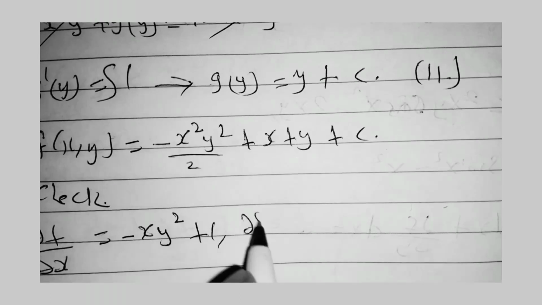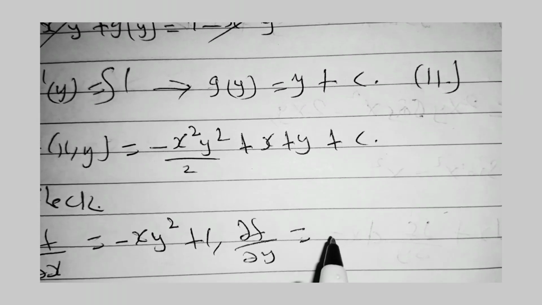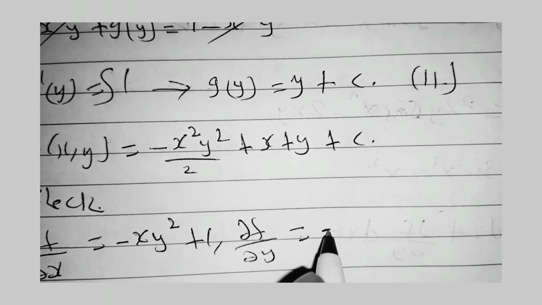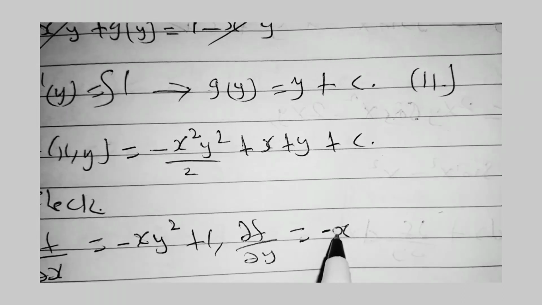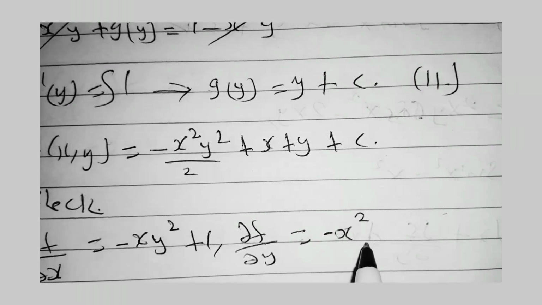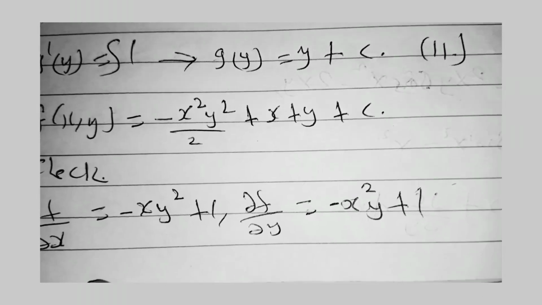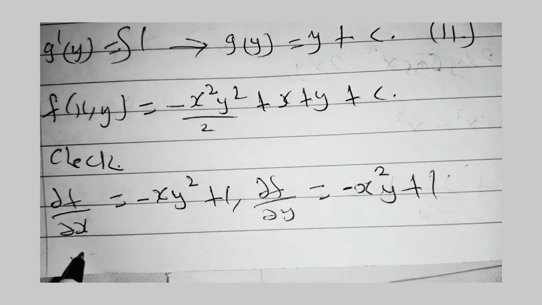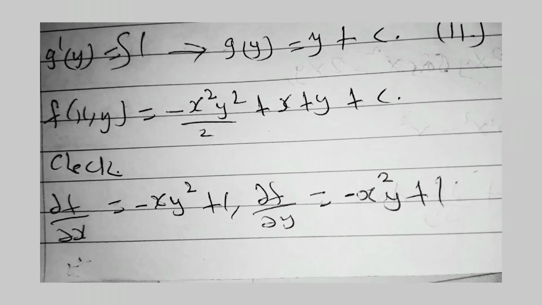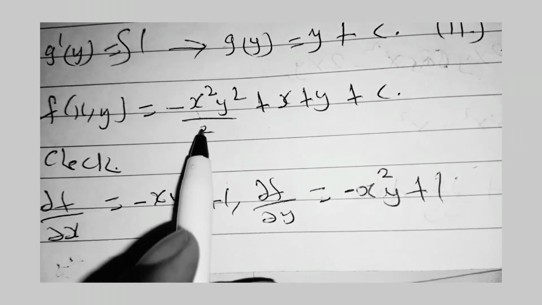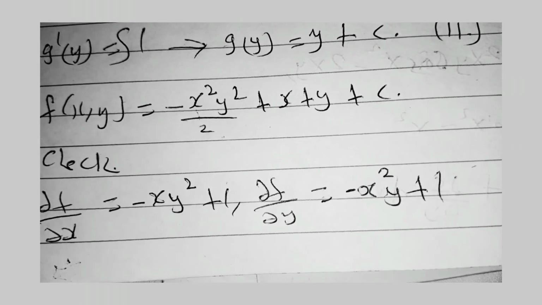Then you can get df by dy, which will give you also negative x squared y plus 1, which is equal to the equation given above there. So that is equal to the equation given there, meaning that our solution is correct from what we have found out here.